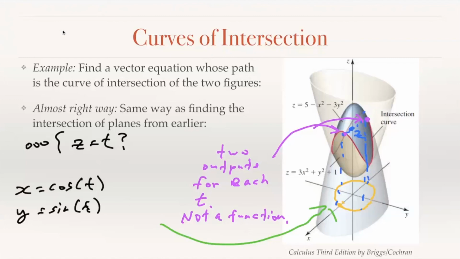And I'm going to gloss over that detail for the sake of illustration, and it's not relevant to the homework. However, we could know by actually letting z be t, and then we would get, well, two outputs. It wouldn't be a function. It would end up being a plus or minus square root from a quadratic formula, and we could recognize that it is a circle, and then go back and do this.